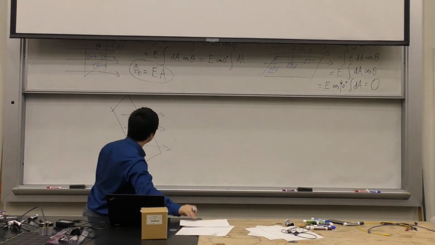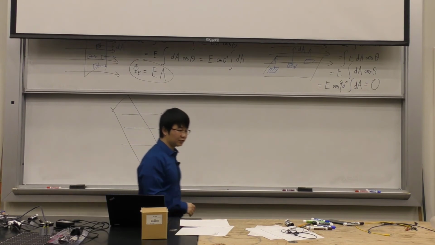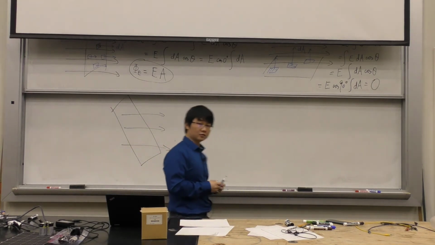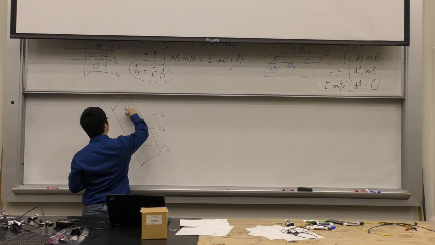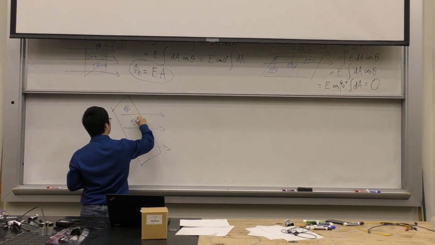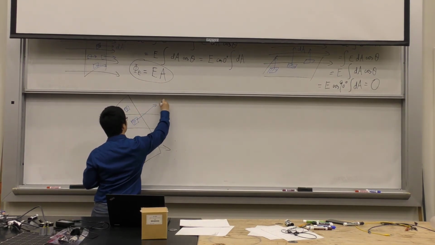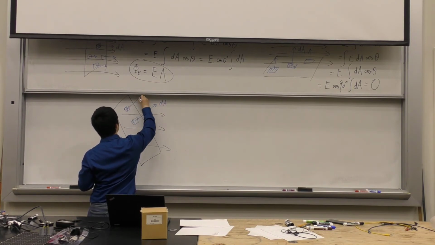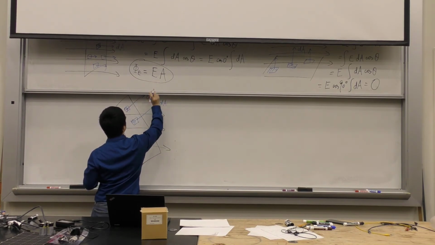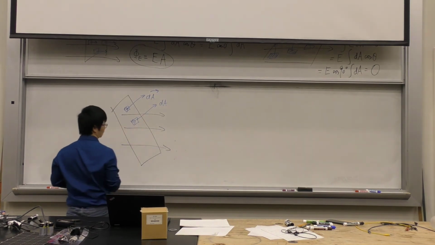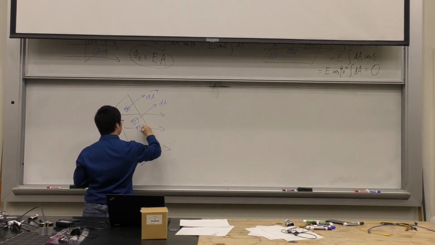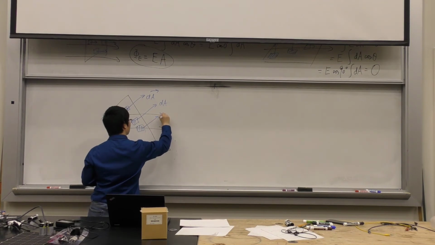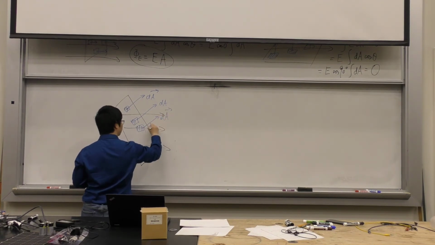You draw the dA perpendicular to the surface. You pick a small element, and this is the dA you draw. What is the theta angle you use? You should use this theta angle.